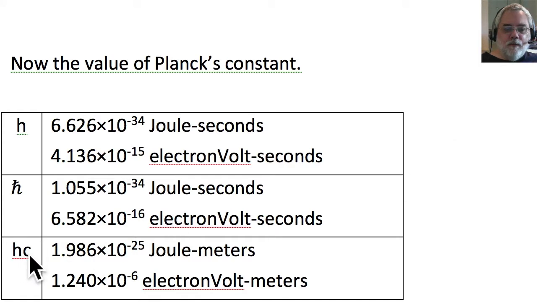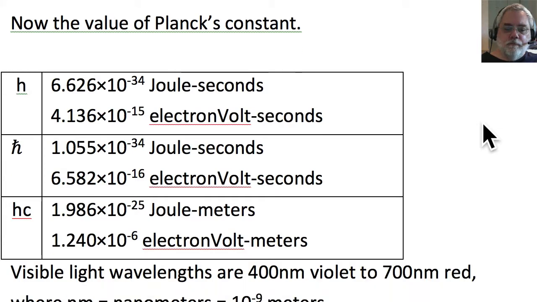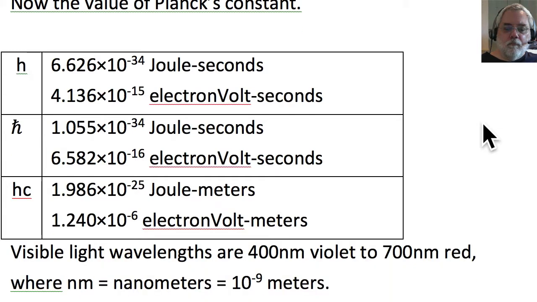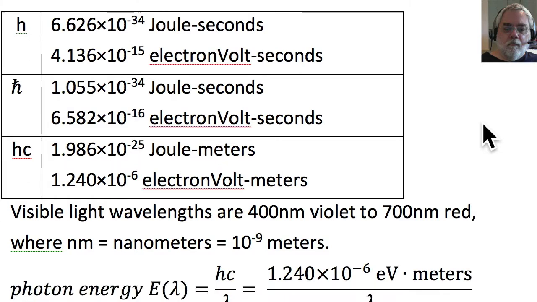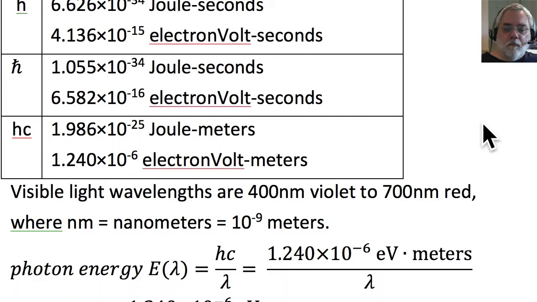The reason why we want this hc, you might remember that the energy of a photon is h times f, but it also can be expressed as hc over lambda. Let's do some calculations.